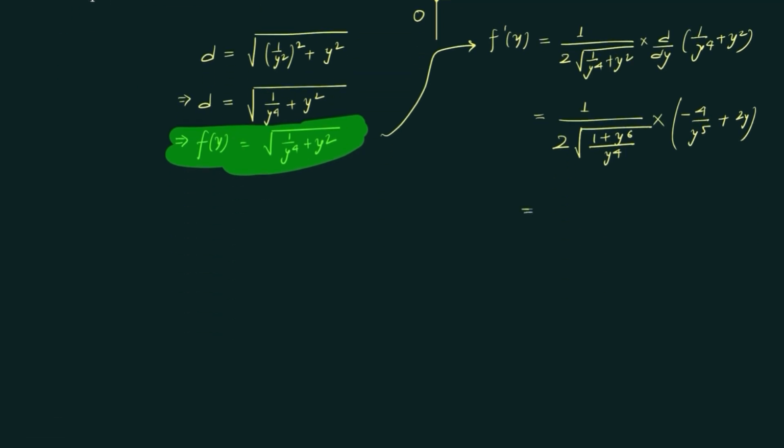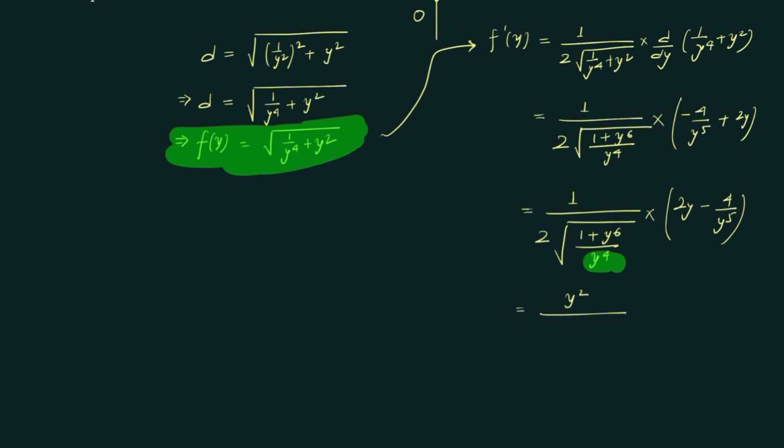So it will be equal to 1 by 2 square root of 1 plus y to the power 6 by y to the power 4, into 2y minus 4 by y to the power 5. Now on simplifying, the square root of y to the power 4 is y square, and that y square will come in the numerator, so it will be y square divided by 2 root over 1 plus y to the power 6, into, let us take 2 common, 2 into y minus 2 by y to the power 5.